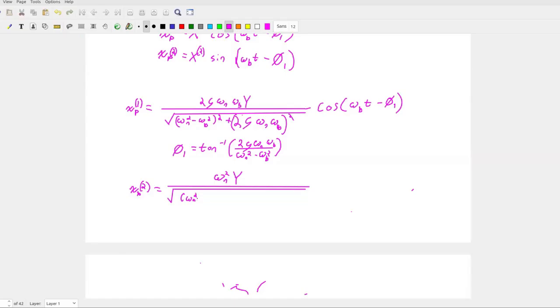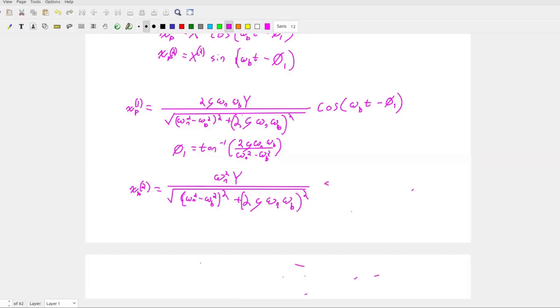Omega n squared minus omega b squared, that whole term squared, plus 2 zeta omega n omega b, that whole term squared.